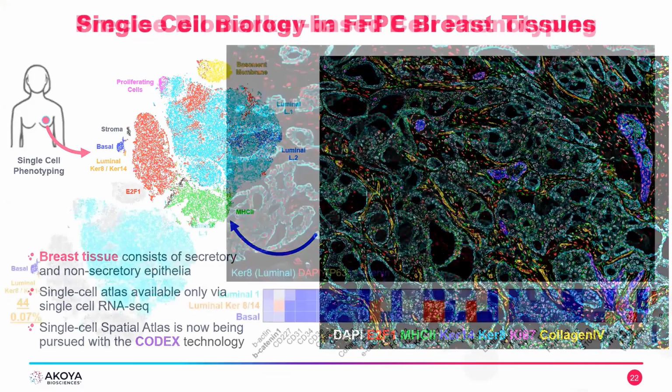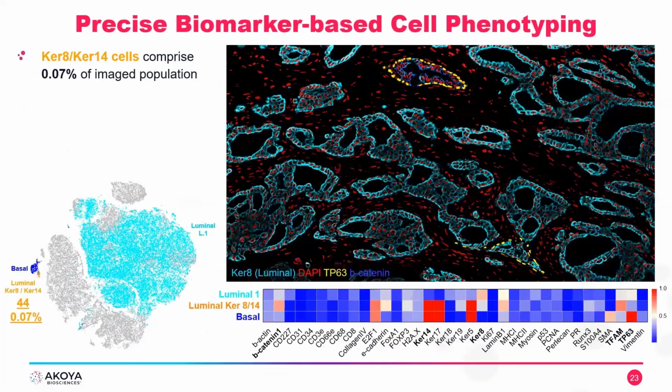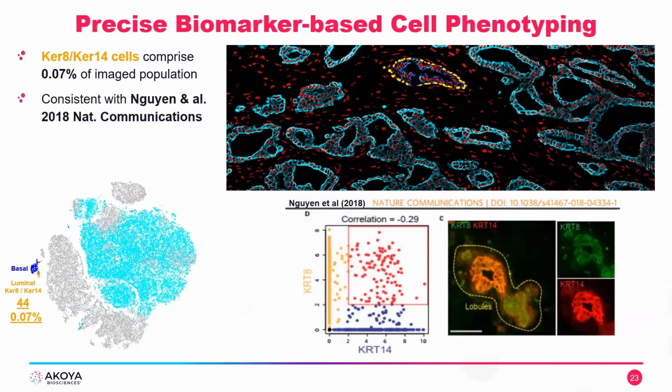And finally, they found a certain cell group in the lumen of the cells here, which were KER8 and KER14 cells. And this was something that was already suggested, but could not be shown as such without this technology.